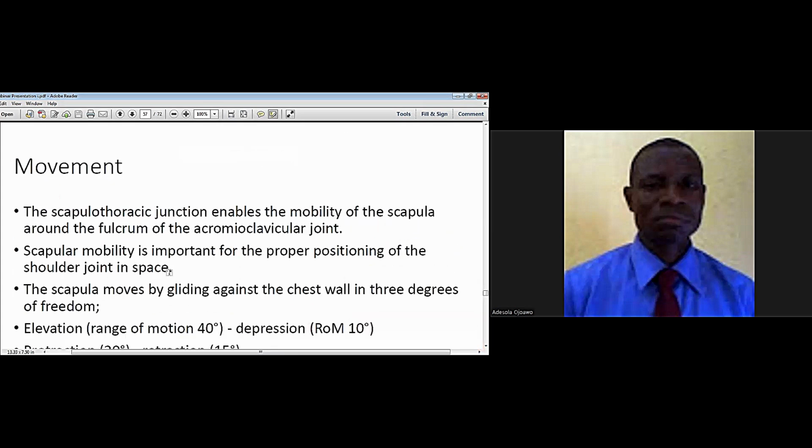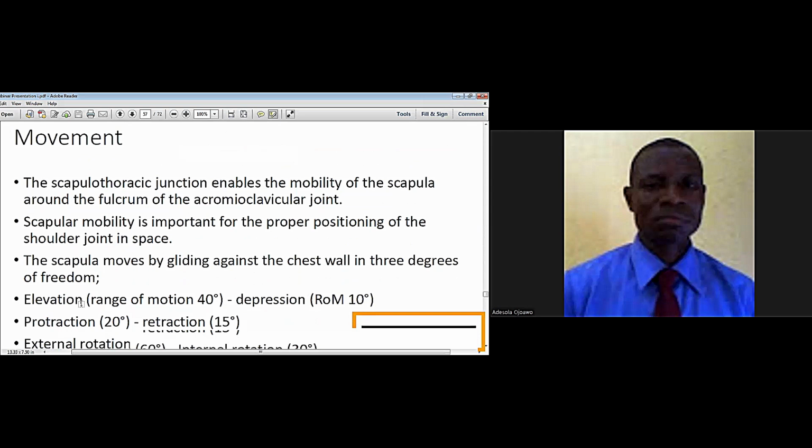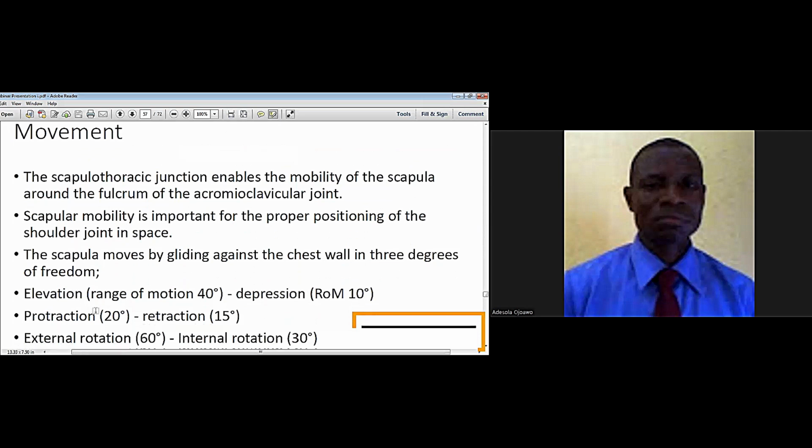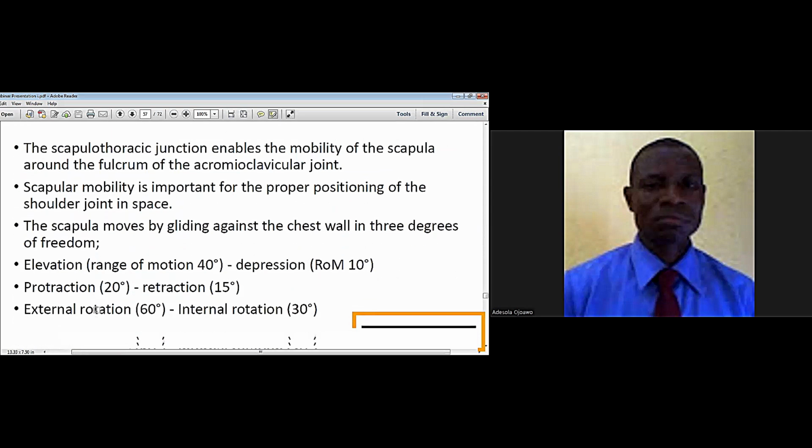All right. We have the scapular mobility, which is important for proper positioning of the shoulder joint in space. The scapula moves by gliding against the chest wall in three degrees of freedom, right? We have elevation, we have protraction, we have internal rotation. All of those have their degree of movement.